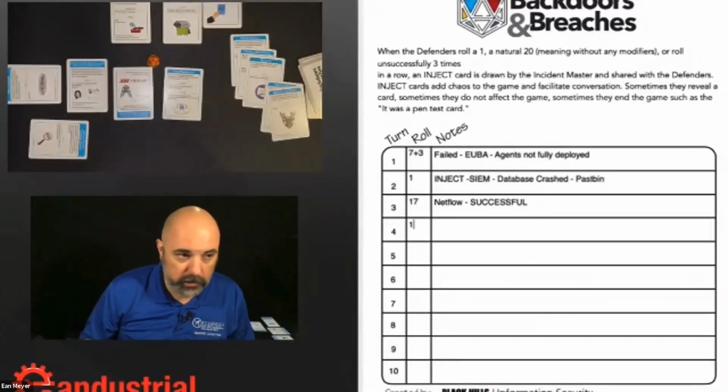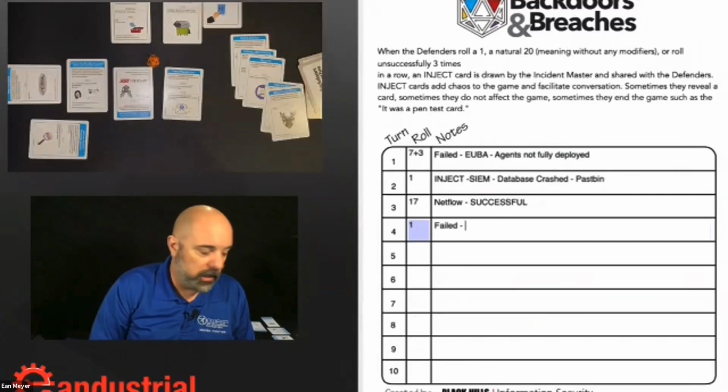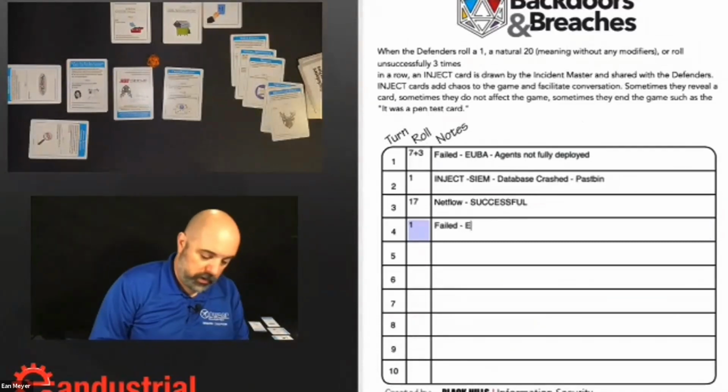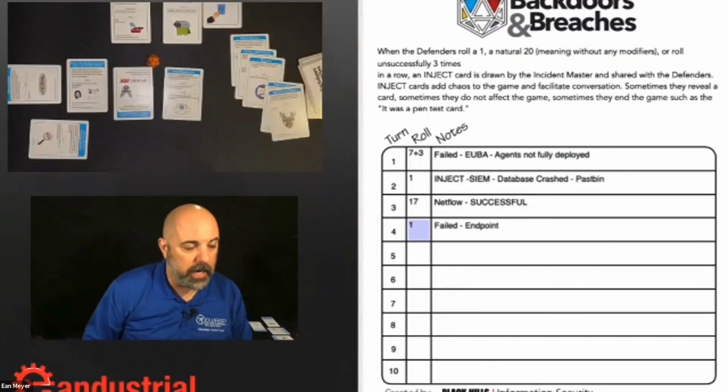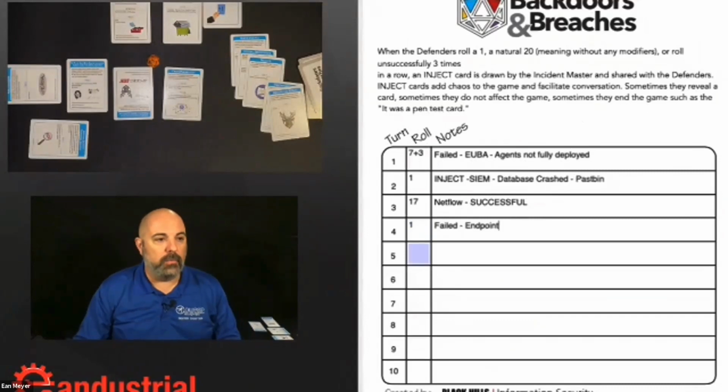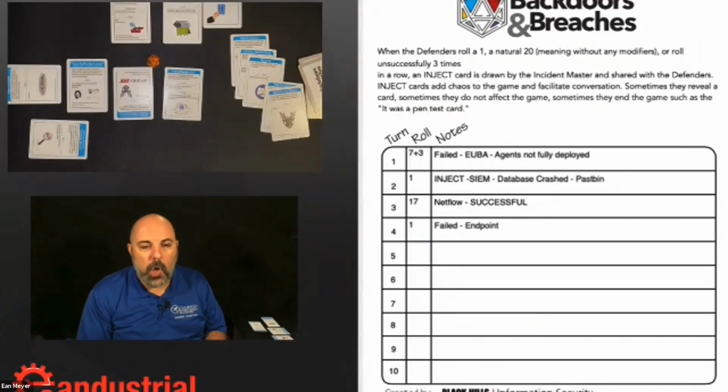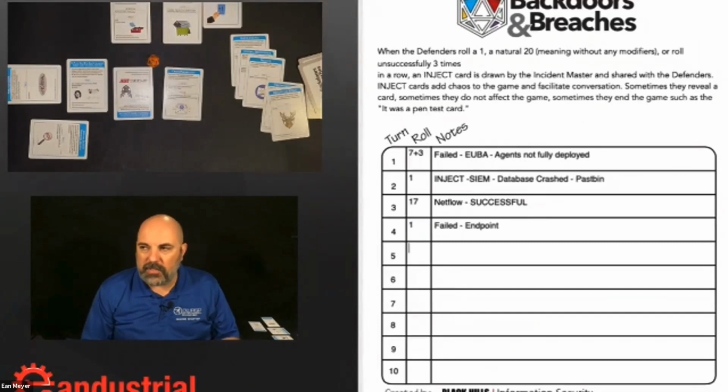So let me go over here. What did we roll? We rolled a 1. It failed. That was endpoint. Okay, so why did it fail? Well, you went through and searched all the endpoints, and you didn't see any malicious activity, but you noticed, wait a minute, only 70% of our endpoints are reporting back what's going on.